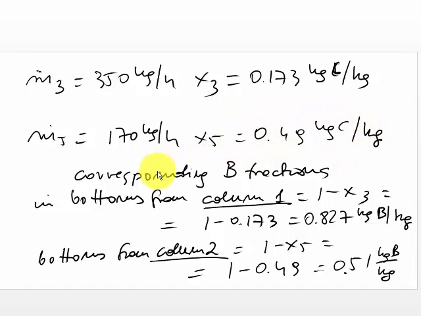The corresponding benzene fraction from the first column is equal to 0.827, 82.7% per kilogram coming out of the bottoms from the first column, and the fraction of benzene coming from the second distillation column is 1 minus X5, equal to 0.51, 51%.